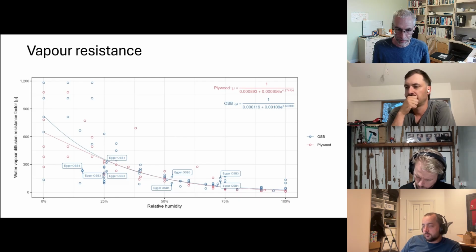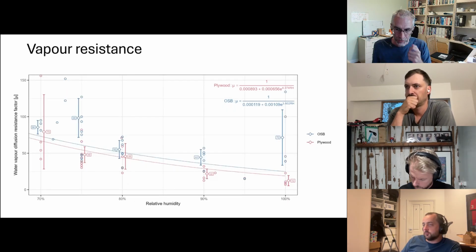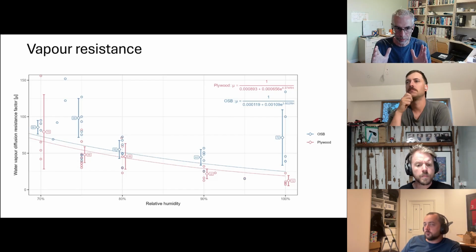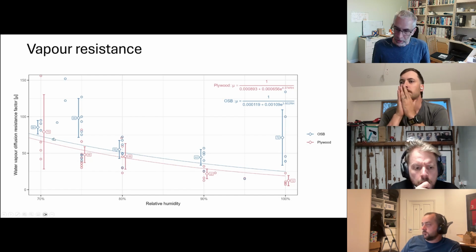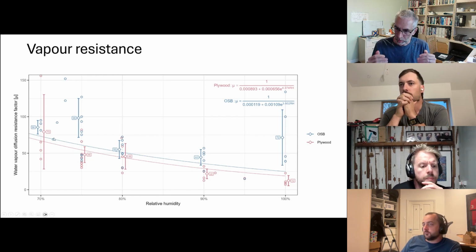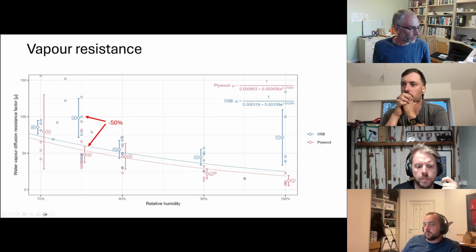And that's sort of getting to my point. So here I've just zoomed in to part of that graph, the bit that I argue matters, above 70% relative humidity. And again, at all of these groups, the plywood samples are generally less vapor resistive than the OSB samples. They're more vapor permeable, and in some cases, significantly so.